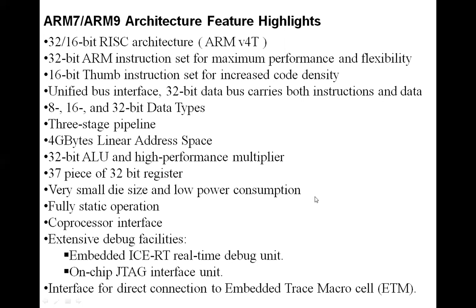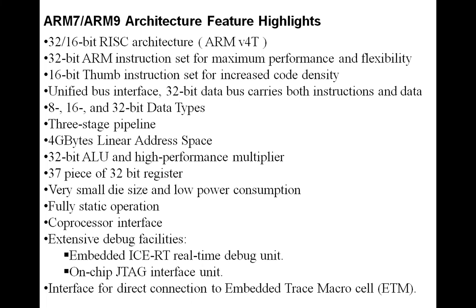So see here, the first feature is it has a 32-bit or 16-bit core. It is a RISC architecture. Actually this ARM7 family is extended from the ARM V4, meaning fourth version.